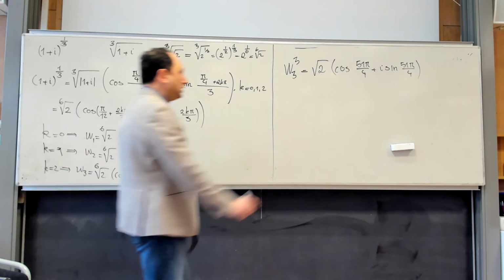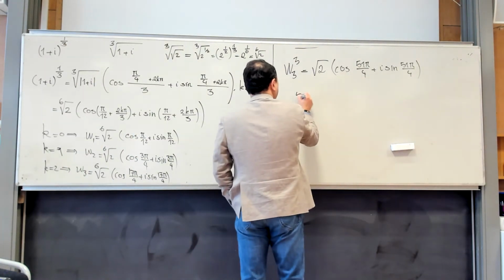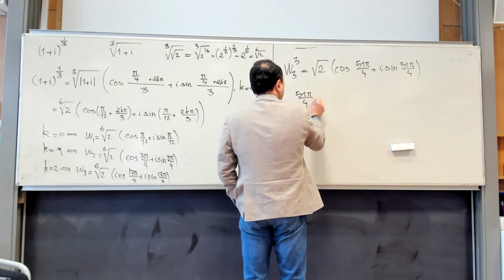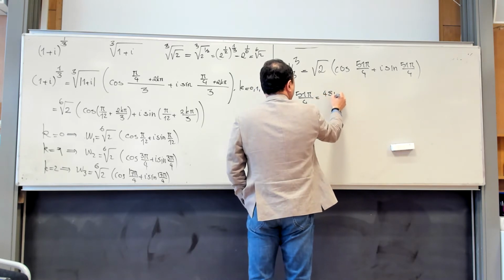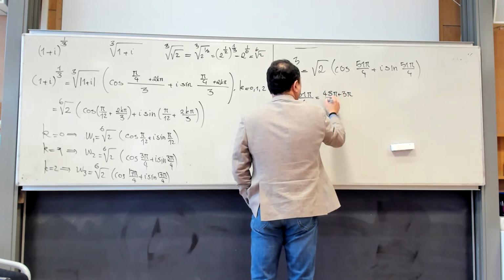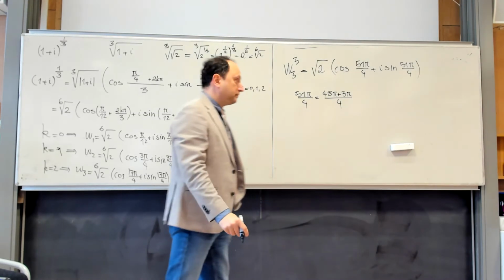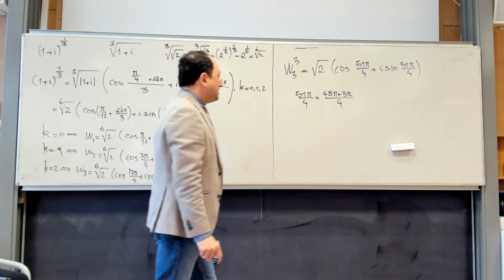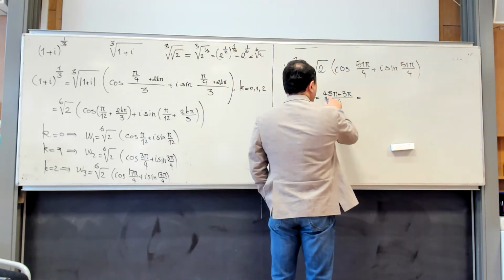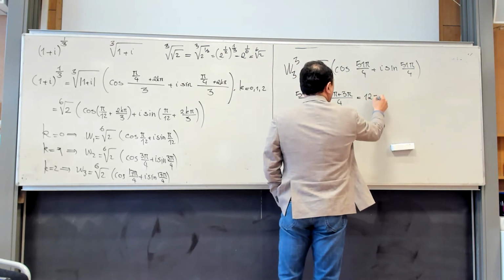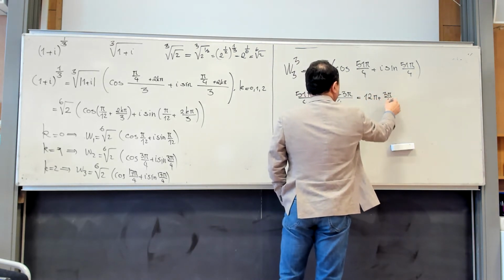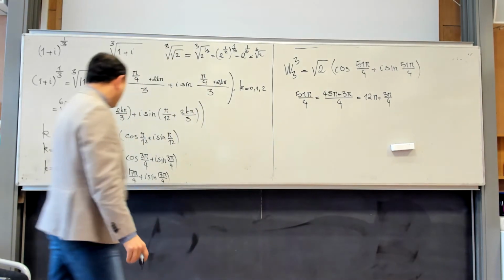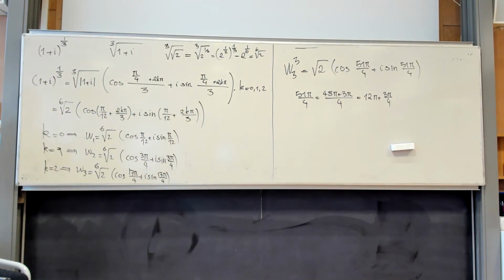So what we do, we start from here. 51 pi over 4 is 48 pi plus 3 pi, divided by 4. And then this divided by this is 12 pi plus 3 pi over 4. Now I think you're in trouble because this is not going to go back there. We get a negative sign out of it, because 3 pi over 4.